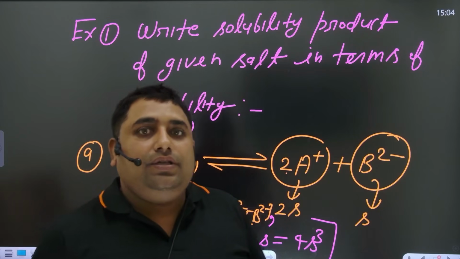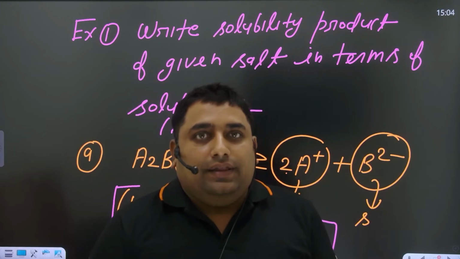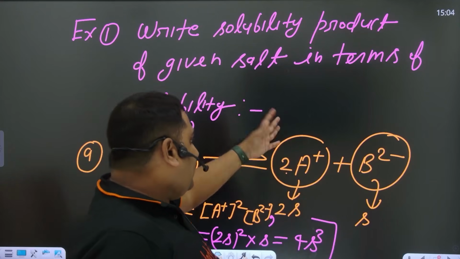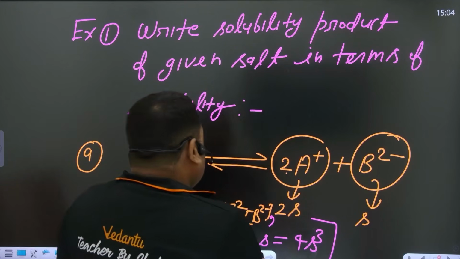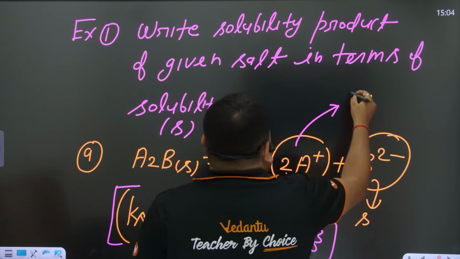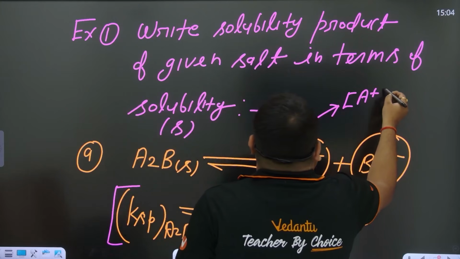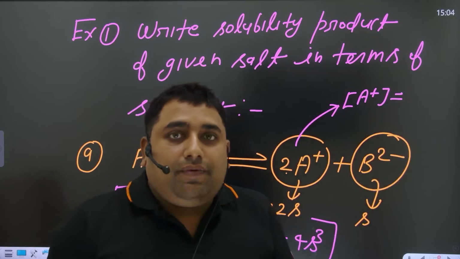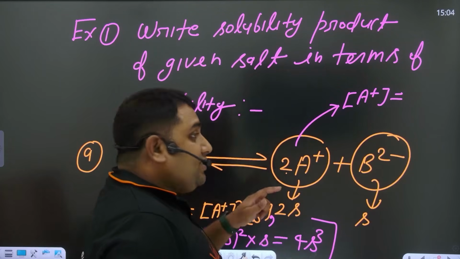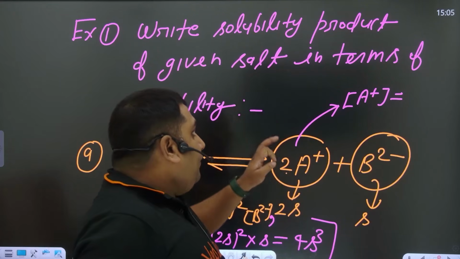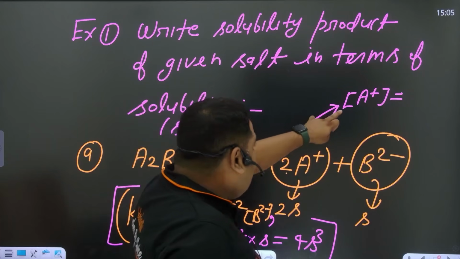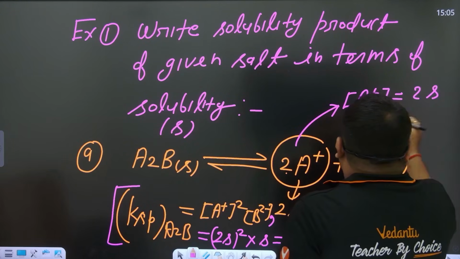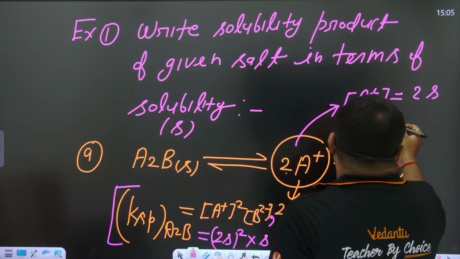Sometimes in the question, solubility is not given. They give the concentration of a saturated solution. For example, they give the concentration of A positive ion in the saturated solution. Then first you have to equate this concentration of A positive ion to 2S, and now you have to calculate the value of S from here.